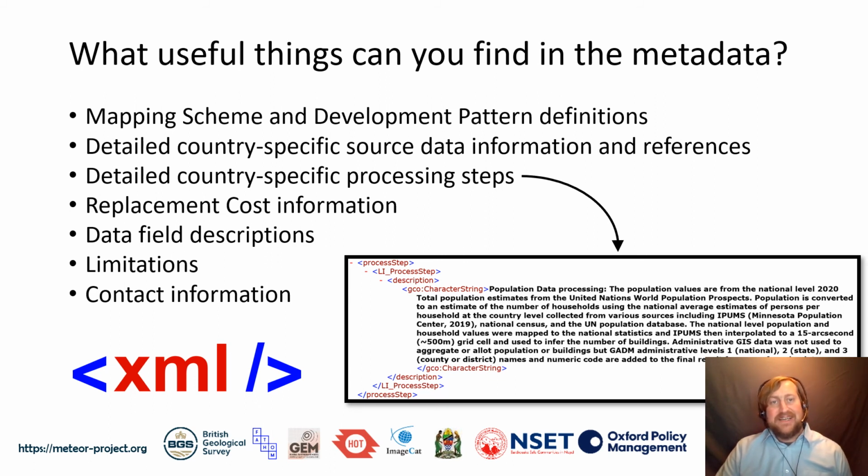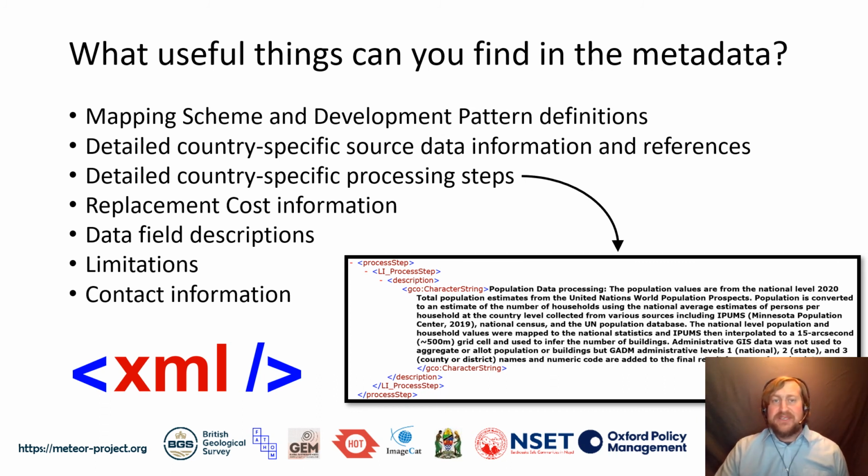Next, we have detailed country-specific processing steps. As you saw from the flowchart earlier, we've captured detailed information about how each piece of data was created and put these into an easily readable format. The snippet shown here is an example of how the population data was generated for a country, including relevant sources. Next is replacement cost information.